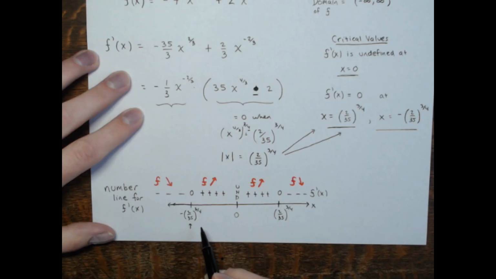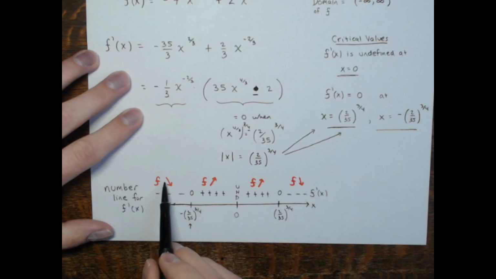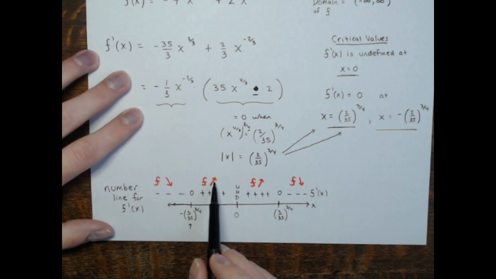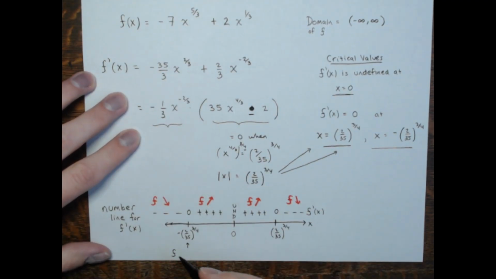So by this first derivative test, you see how at this value here, the opposite of 2/35 to the 3/4 power, to the left you're decreasing, to the right you're increasing. So the original function, and I'll show you this in Desmos in a picture of it, the graph of our function f up here will have a local minimum at this x value.